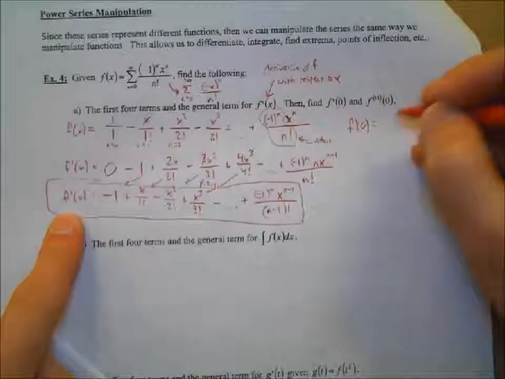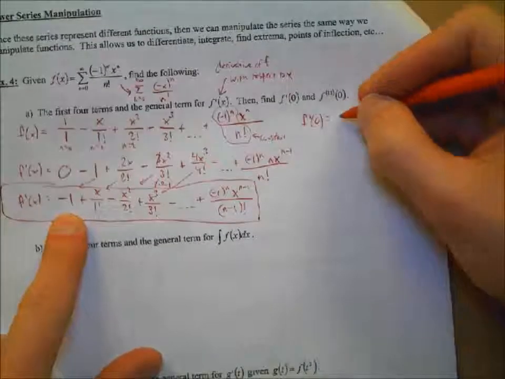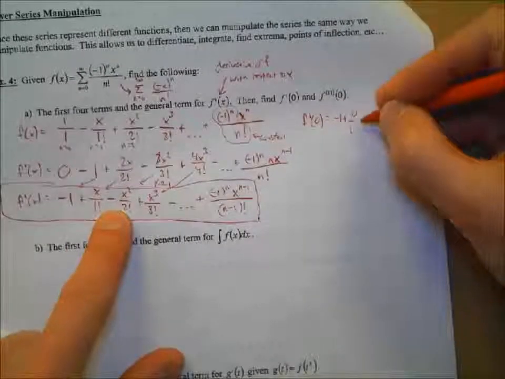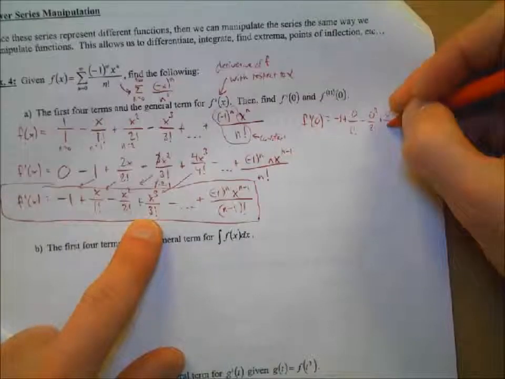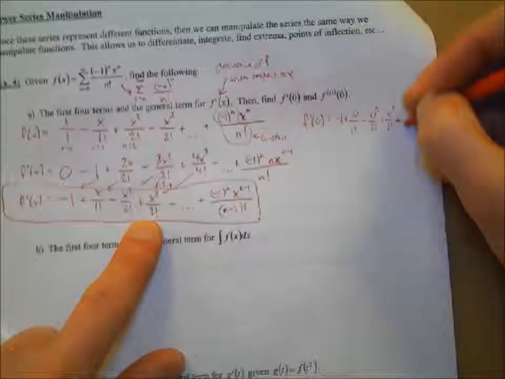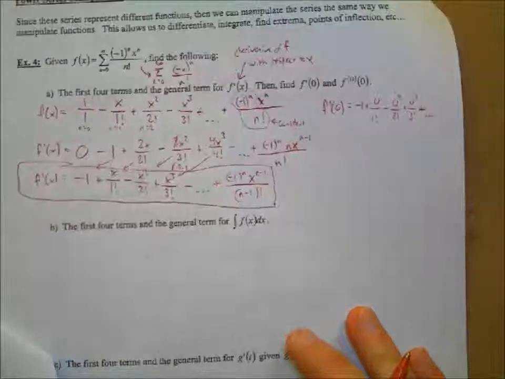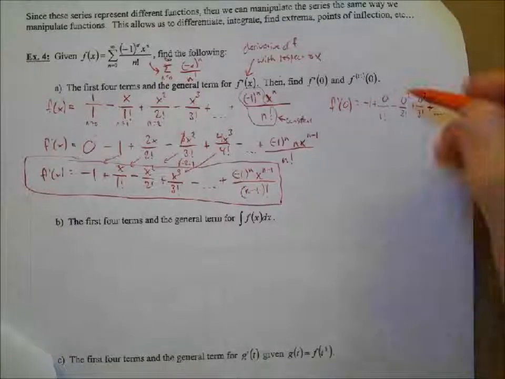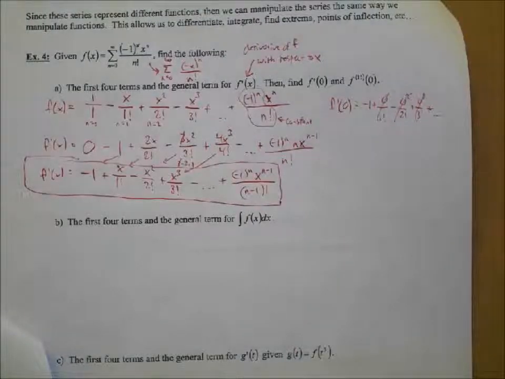So let's plug in 0 for x everywhere we see it. There's negative 1 plus 0 over 1 factorial minus 0 squared over 2 factorial plus 0 cubed over 3 factorial. I think you get the idea, minus dot dot dot, and so on and so forth. What will the derivative of f be at 0? It's going to be negative 1, right? All these other terms after that are going to go to 0, because we're plugging in 0 for those x values.